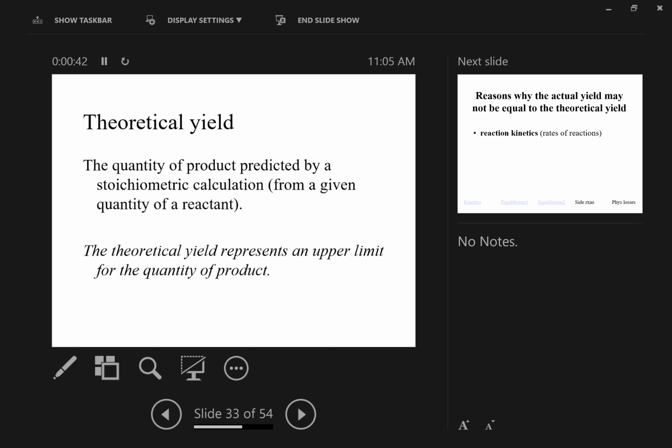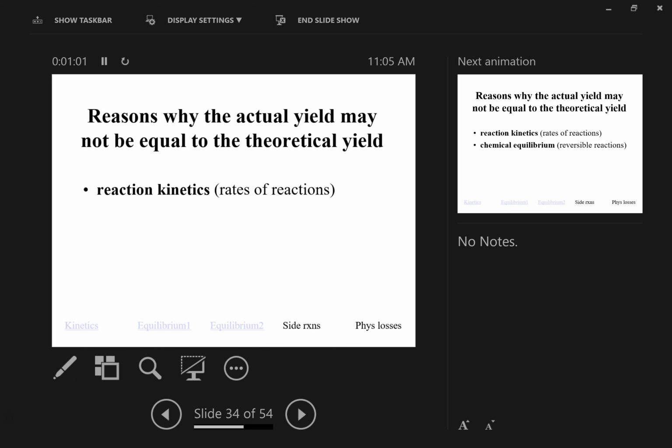I have several slides to show you why, if we ran this with 0.3 grams of magnesium with sufficient oxygen, we probably would get less than 0.5 grams of magnesium oxide. I'll show you many reasons why that would be the case. So this is what we say, just generally an upper limit.